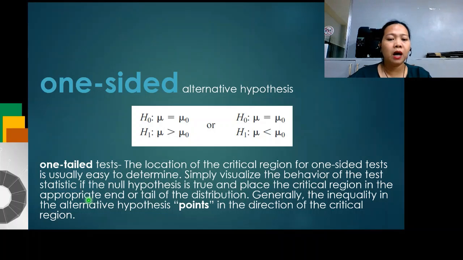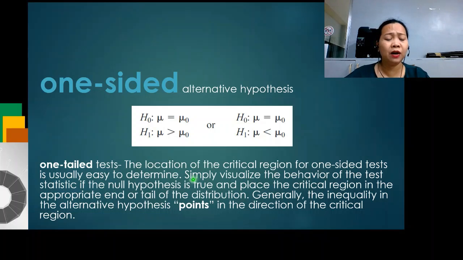So dapat if your null hypothesis is mu equal to mu sub 0, then your alternative hypothesis should be mu is less than mu sub 0 or greater than mu sub 0, and not equal to.